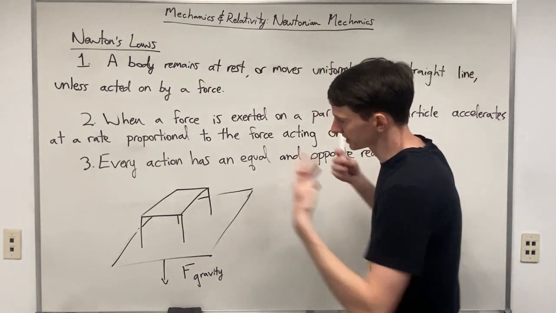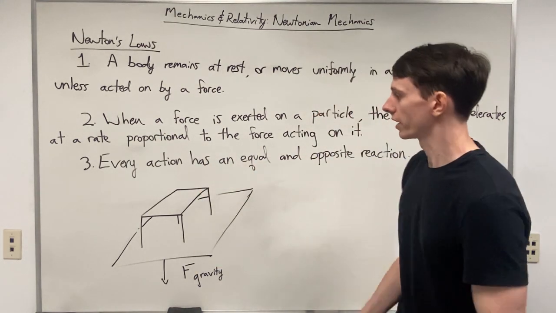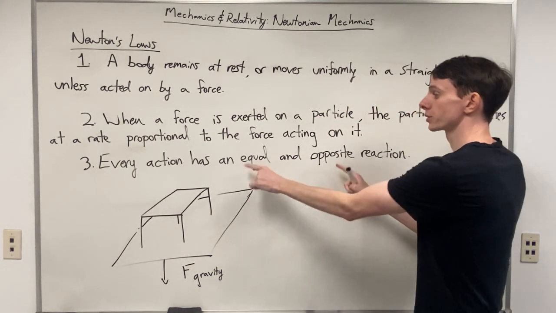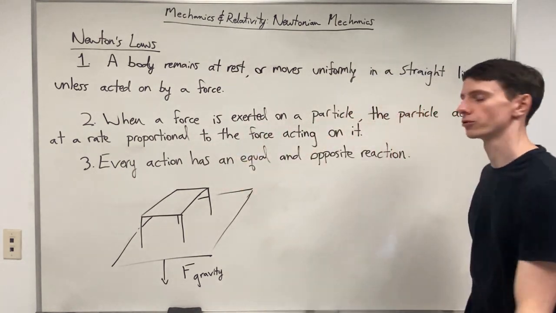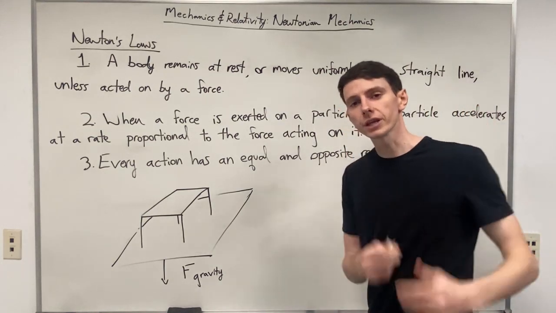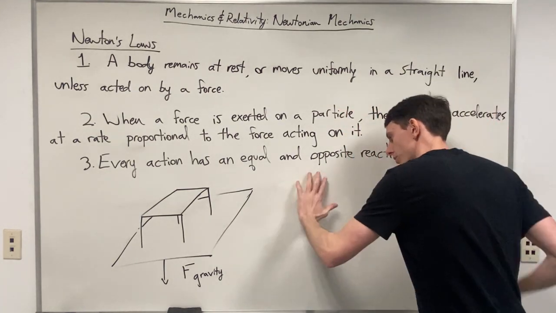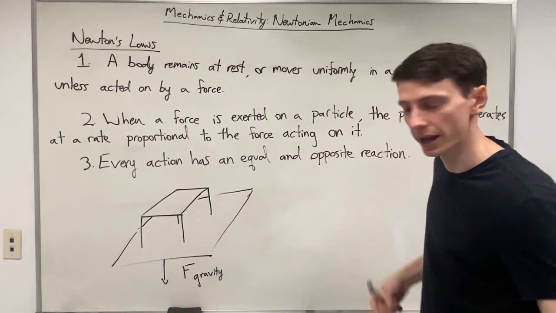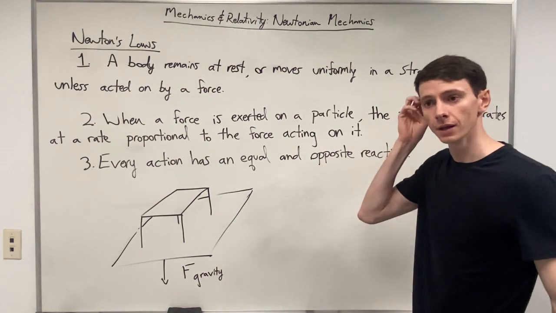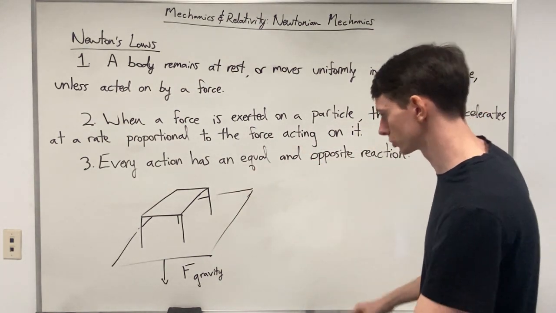Now to draw out the second part of this picture, we're going to quickly go to Newton's third law. If you remember, we said that every action has an equal and opposite reaction. And the example that we gave in the last video is that if my hand is pushing on the board, the board equally is pushing back on my hand in the opposite direction. So we can apply that here as well.